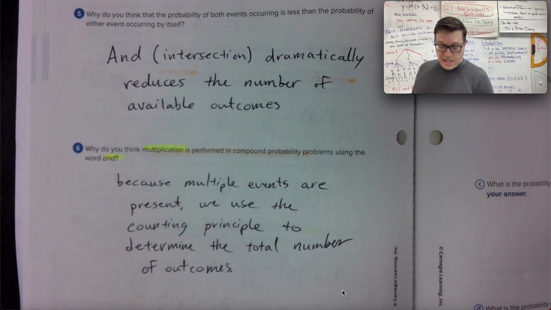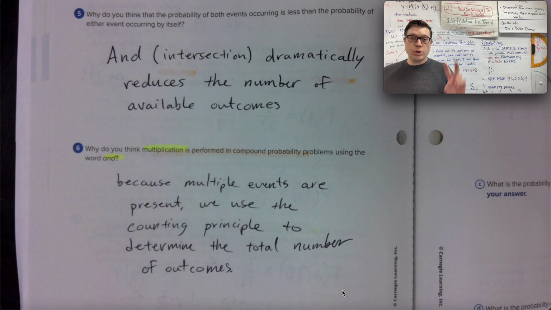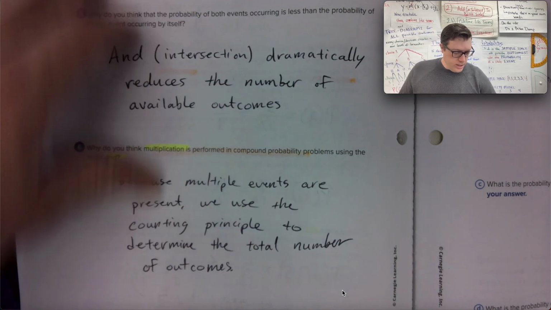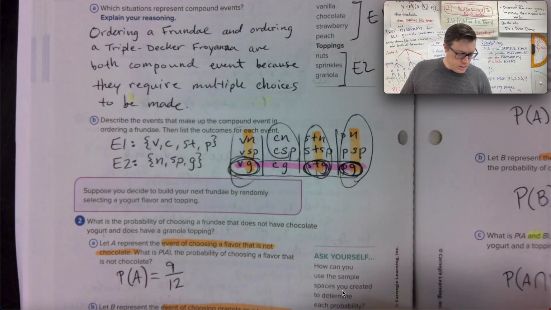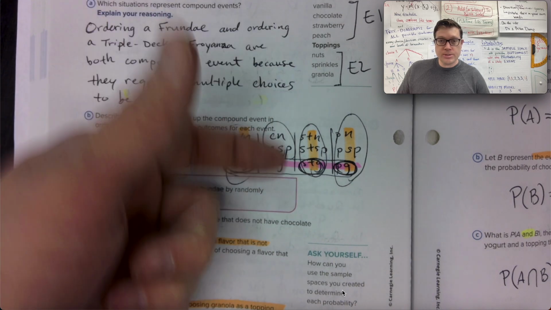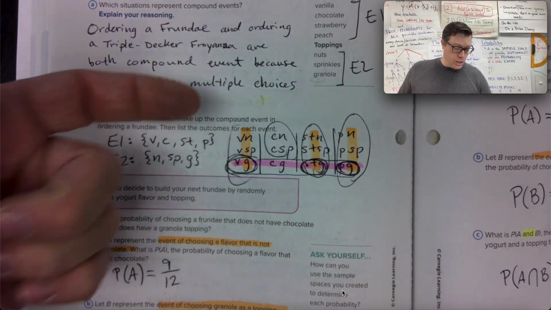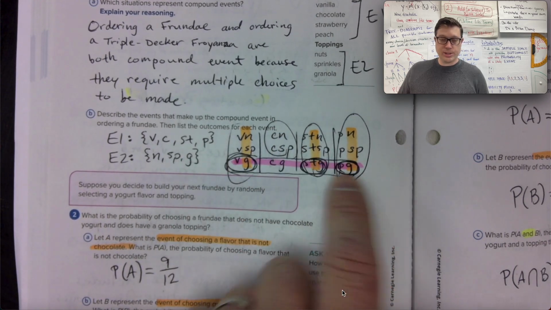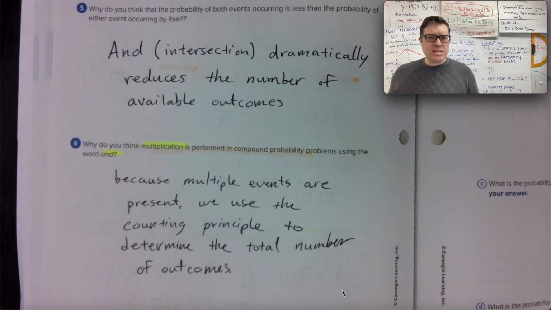Personal preference would say yes, but mathematically, no. Those are independent options. We have the organized list, and it's organized because of the columns and the rows, that in the columns are flavor choices and in the rows are toppings choices.